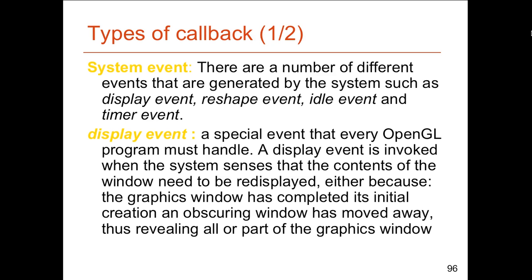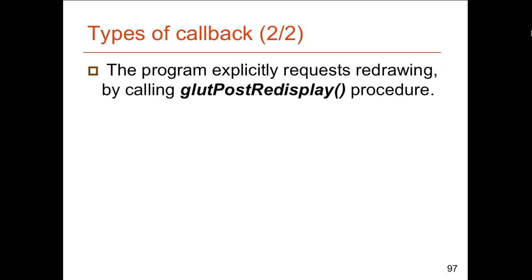The display event, in terms of when things are drawn: every OpenGL program must handle an event that occurs when the display is invoked. So it senses that the contents of the window need to be redrawn, and it will redisplay it and refresh certain things. We also have an explicit request to redraw by calling the glutPostRedisplay procedure.